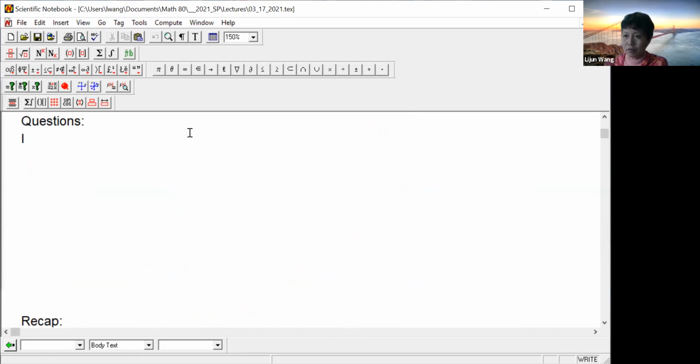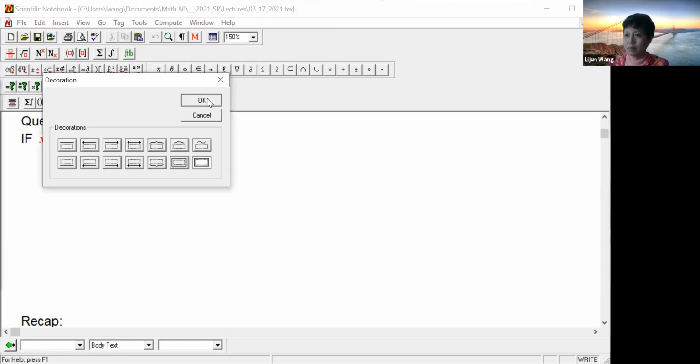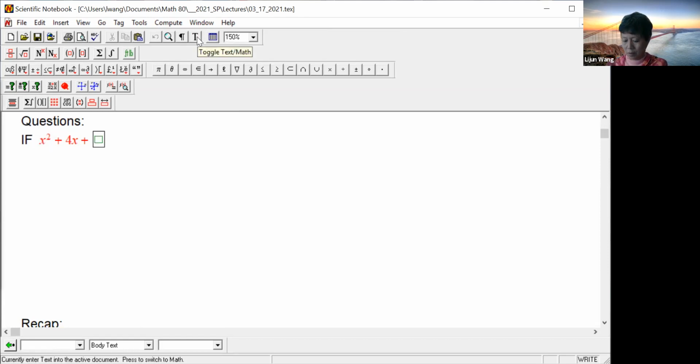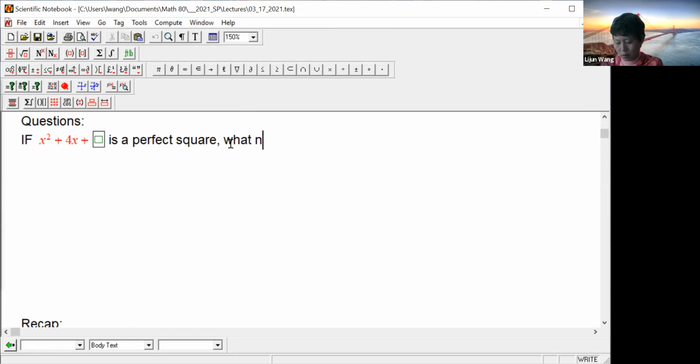Okay, if x squared plus 4x plus something is a perfect square, what number should be in the blank?